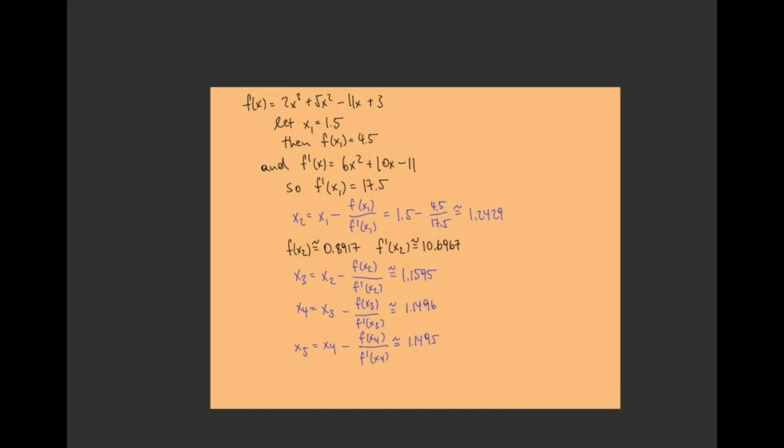So if we were to calculate x6 and x7, there would be hardly any change at all. And indeed, the algebraic solution to this problem is 1.149496, and you can see that we got very, very close to it with our x5. And so there we have Newton's method.